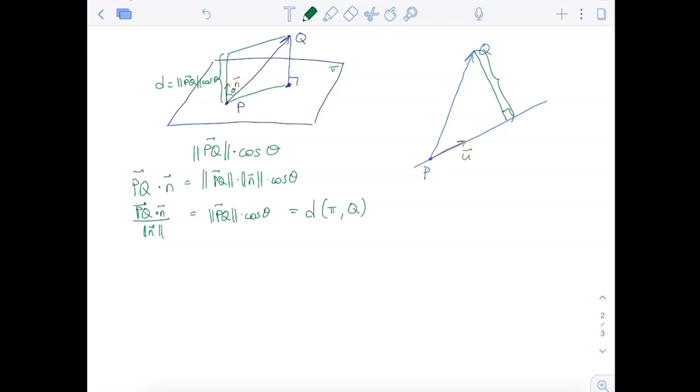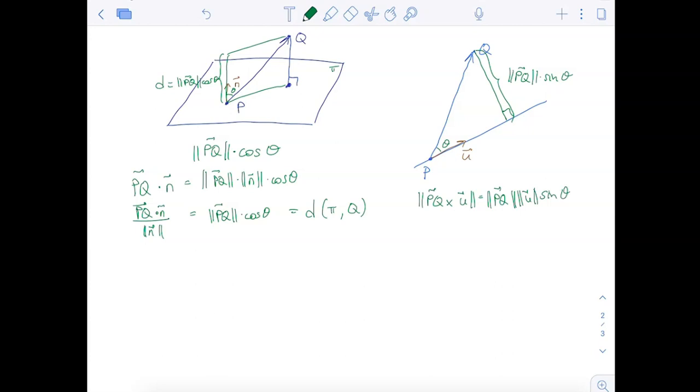Interestingly, this is in fact norm of PQ times sine theta, where theta is the angle between the direction vector and PQ. Now I remember another formula that involves this piece of expression, and that is PQ cross U equals magnitude of PQ, magnitude of U, sine theta.